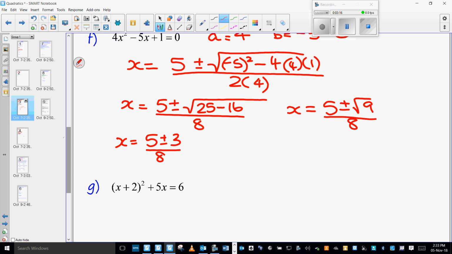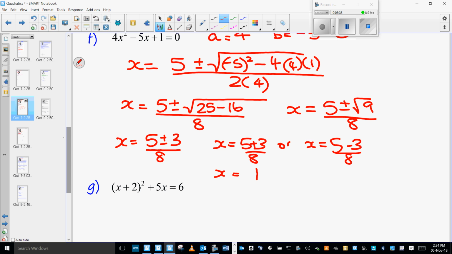So x is 5 plus 3 over 8, or x equals 5 subtract 3 over 8. What's 5 plus 3? 8 over 8 is 1.